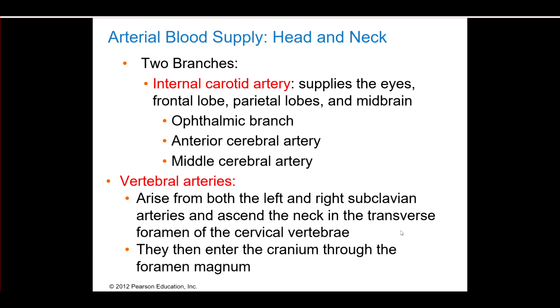That hole was called the transverse foramen. These vertebral arteries actually ascend, they go up through the transverse foramen. Once they get up to the top of the neck, they kind of converge together and then they enter the cranial vault through the foramen magnum. And again, I'll show you that in a subsequent lesson.